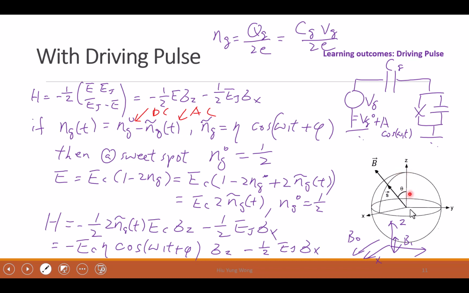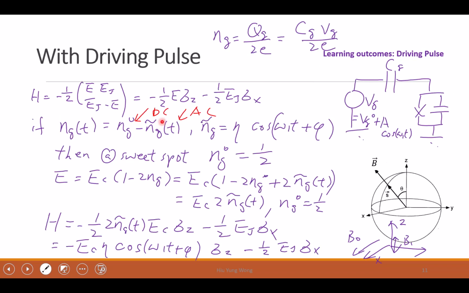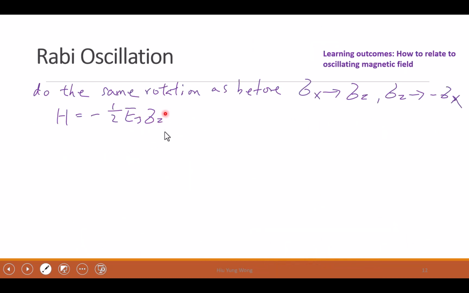But what will happen to sigma c when you rotate to the other side? Exactly, it becomes negative sigma x. I did not do the transformation matrix, but you can do it and you should get it. I actually did not try myself. Then the Hamiltonian becomes negative 1/2 EJ sigma z, because negative half EJ sigma x becomes sigma c. And then the other part is what?